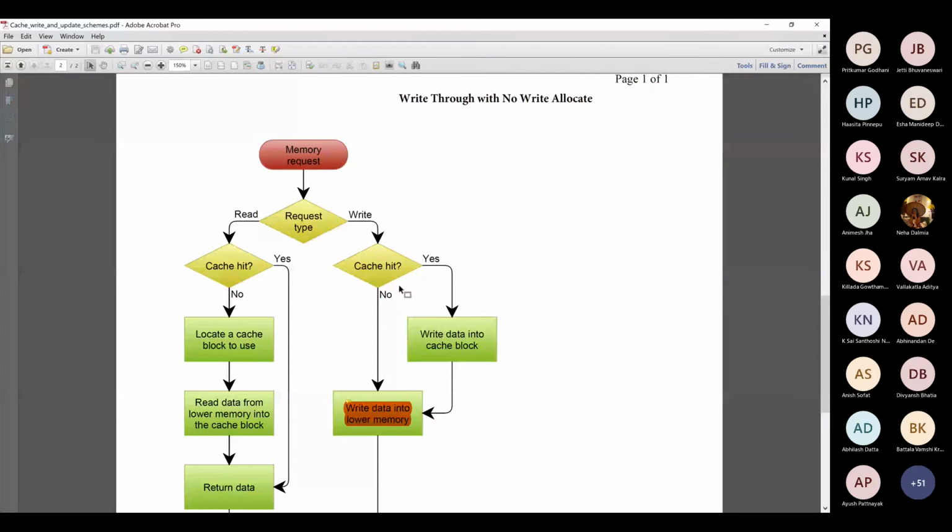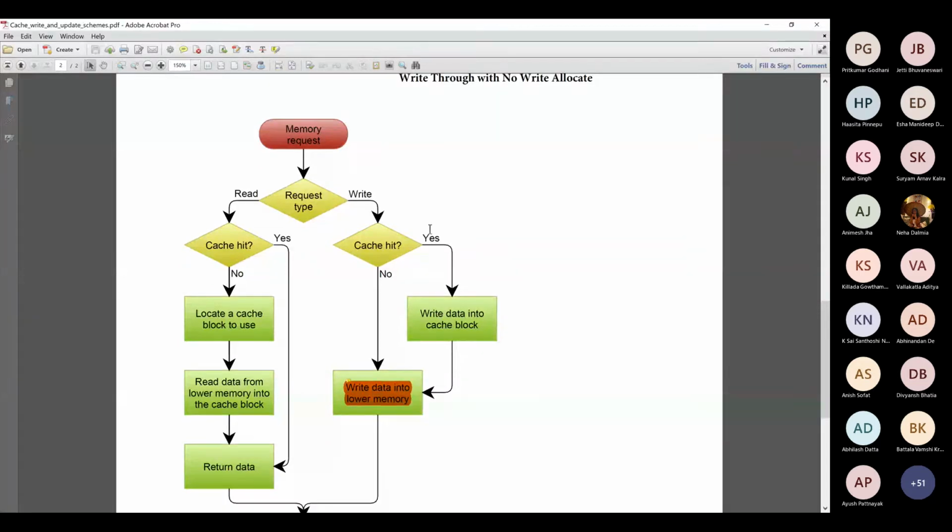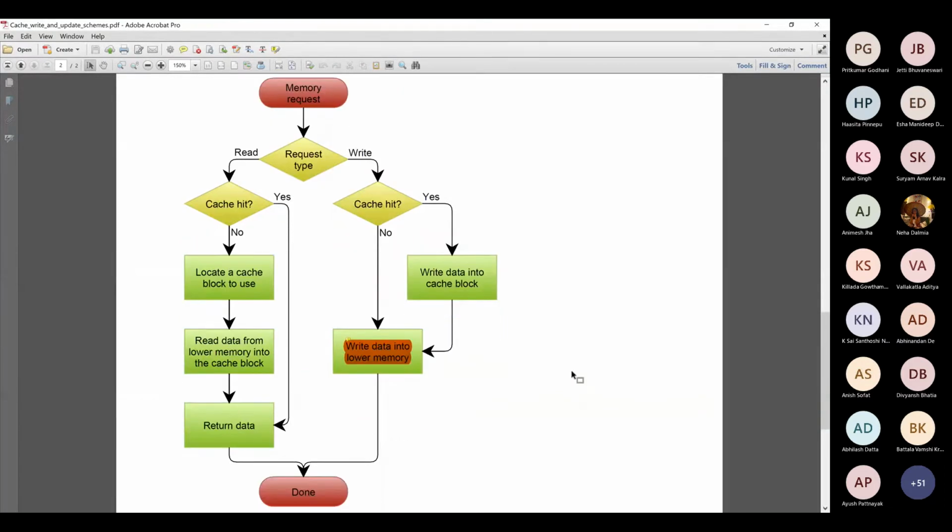If there is a write hit, this takes a lot of time. This arrow is hundreds of clock cycles. What happens if there is a cache write miss? What is a cache write miss? I do not have the block corresponding to memory in my cache.